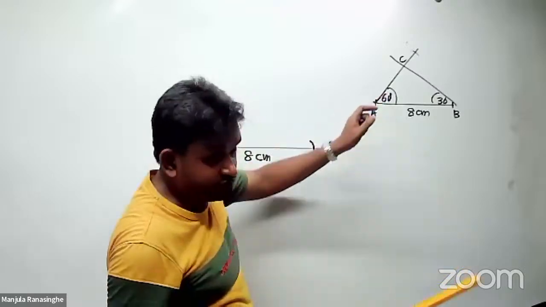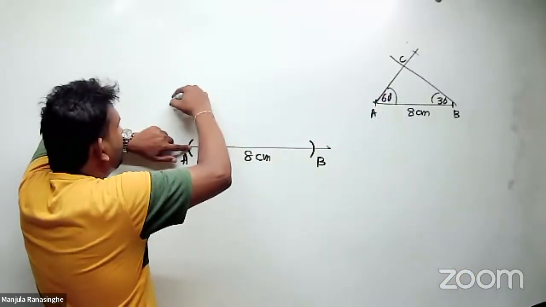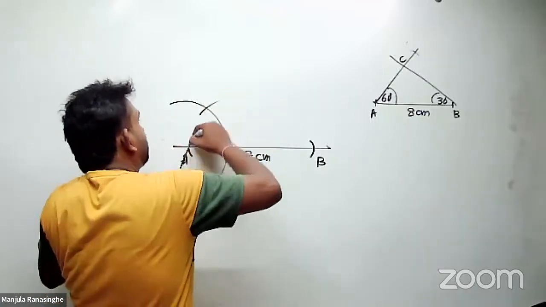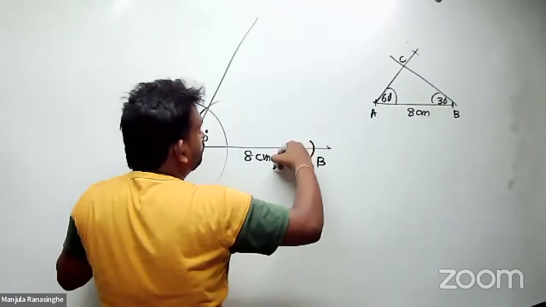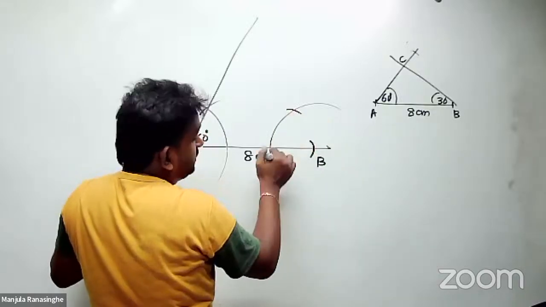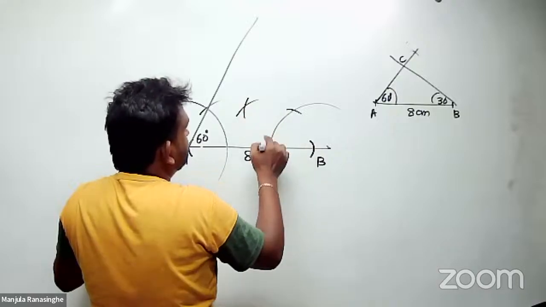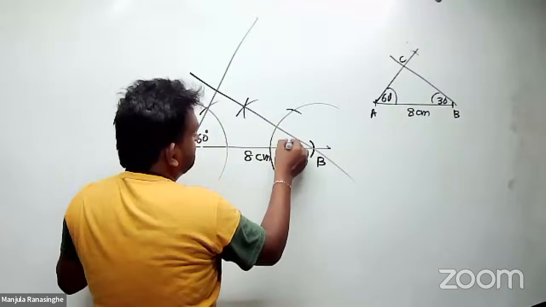Then you can create 60 degrees. How to create 60 degrees? Keep the arc and make an arc at the same distance, then 60 is done. Then here is 30: bisect this 60 using those two terminals, then connect the bisected point with B. Then that is 30.